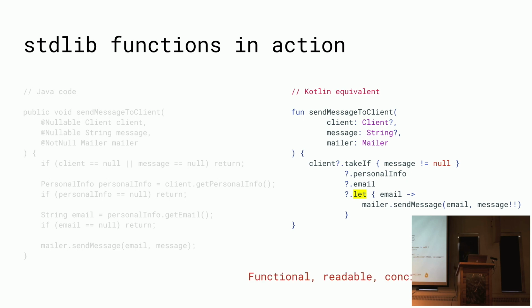This is a typical functional block. There are no ifs here, there is no else, none of the weird stuff from imperative programming, and this is what I try to achieve whenever I'm writing code with Kotlin.